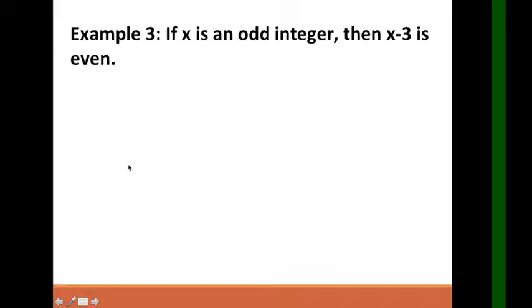If x is an odd integer, then x minus 3 is even. By contradiction, if x minus 3 is odd integers, then x is an even integer. Let's see. Let's say that x minus 3 is odd.